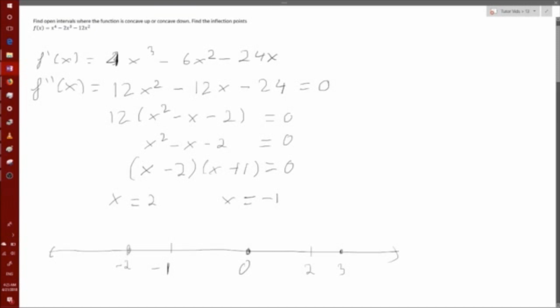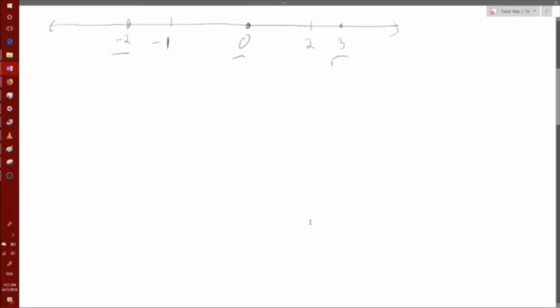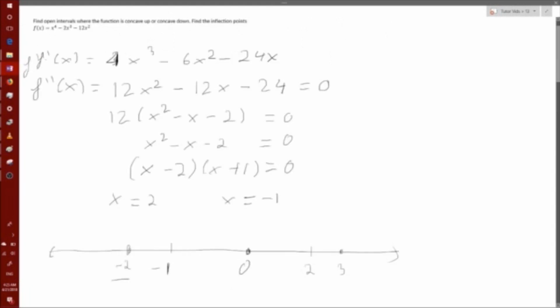And plug these three values, negative 2, 0, and 3, back into the second derivative of the function. So f double prime.